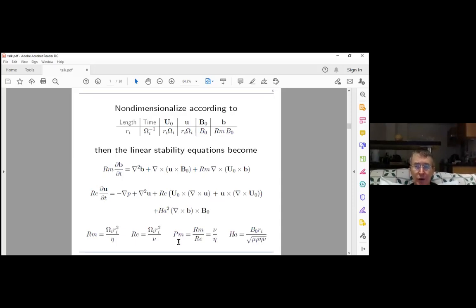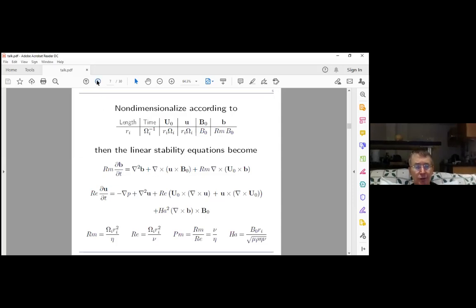And it turns out all liquid metals have very, very small values for Pm, on the order of 10 to the minus 5 or 10 to the minus 6 or even smaller. And that will turn out to have important consequences. And finally, the Hartmann number is a measure of the strength of your externally imposed magnetic field.